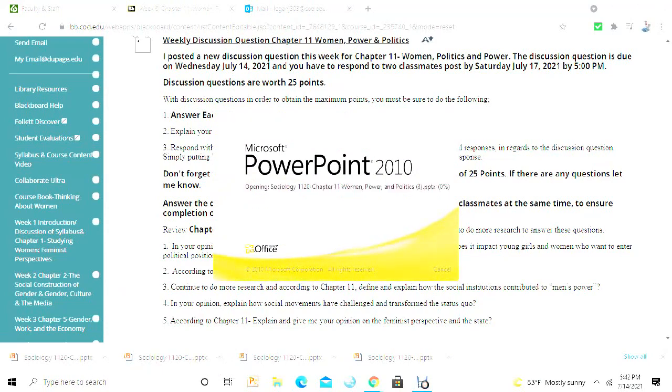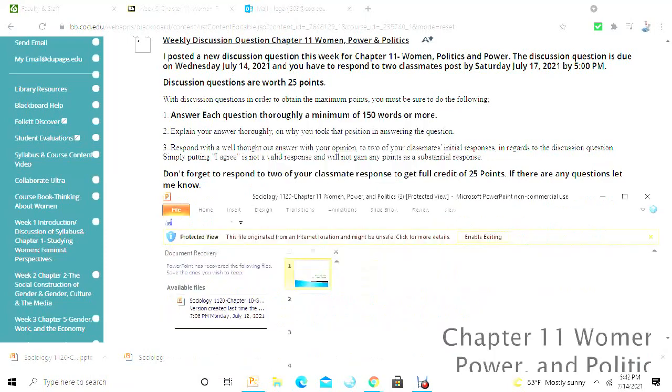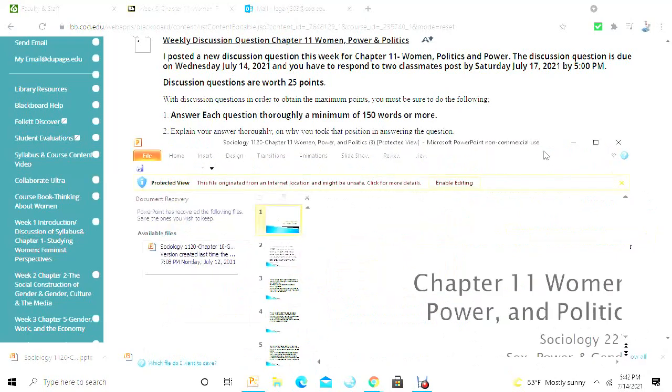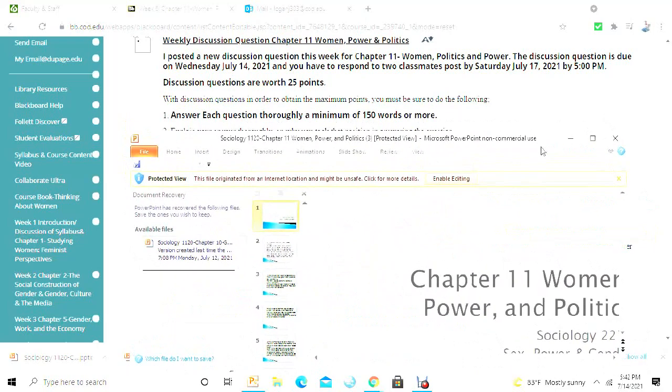This is the one on chapter 11, having this one available, looking at some of the key points of chapter 11. I have a slow computer, but open this up and review this a little bit, even though, let me see the other chapters.